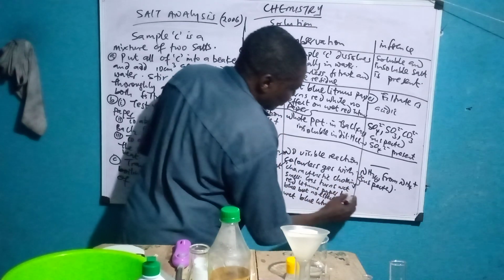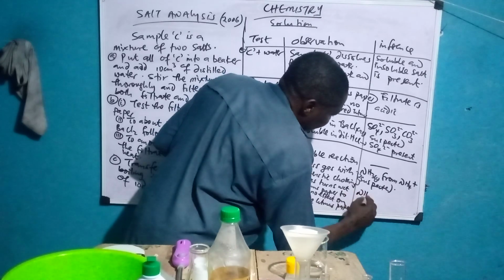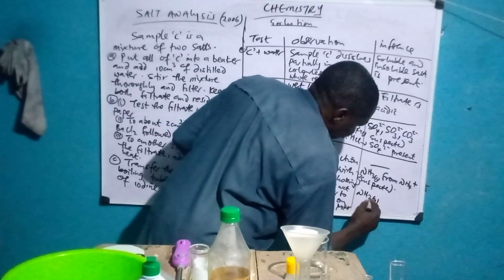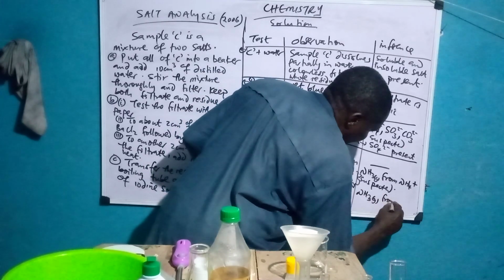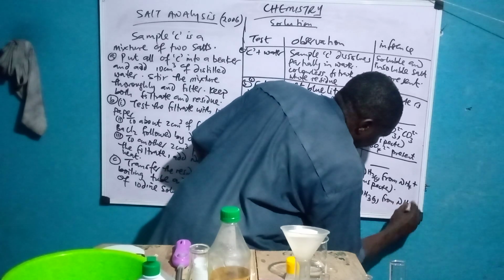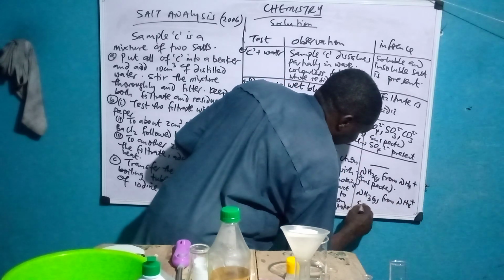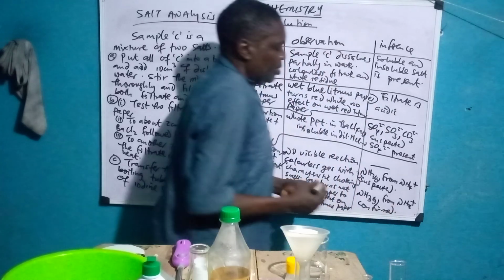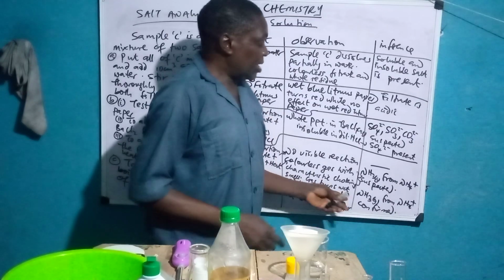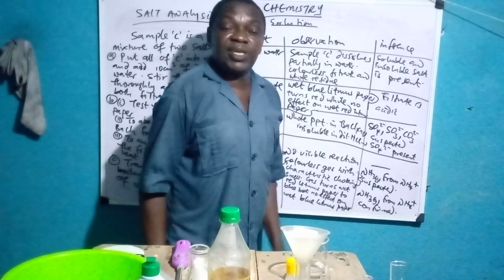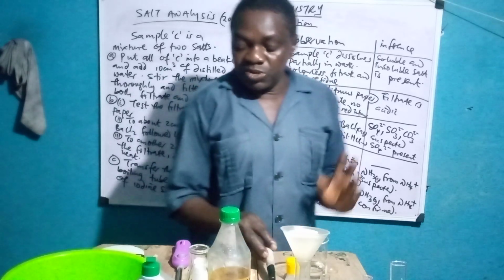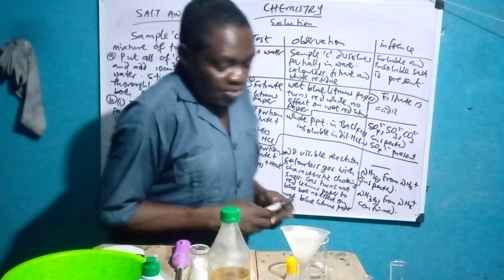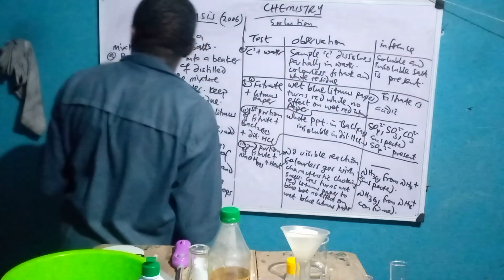Then gas turns red litmus paper blue, you say NH3 gas from NH4 ion present confirmed. So this is the confirmatory test. They said that you use this or use concentrated HCl. We are not using that because questions do not require that. Then the next one, since there's no speed, we are going to use the top.